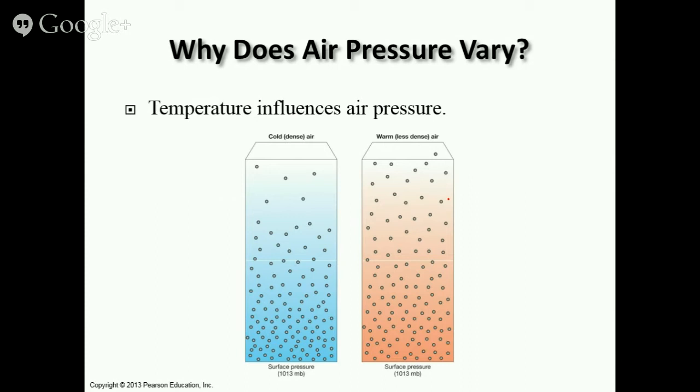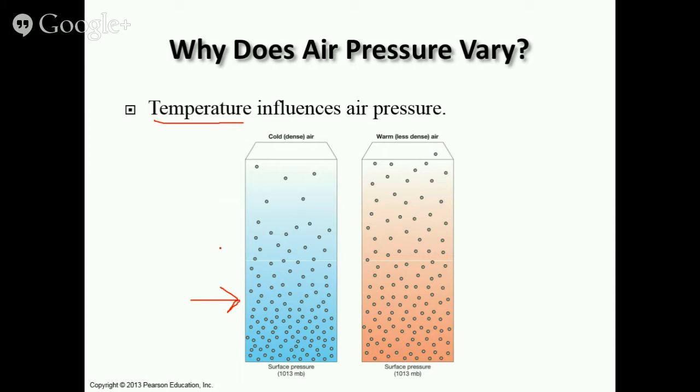Here's a diagrammatic sequence that takes place in air whenever we change temperature. We do know that temperature is a major influence factor of air pressure. When we have cold, more dense air, notice the distribution of molecules of cold air. They are closer together because there is less kinetic energy. Therefore, we are packing them in a tighter configuration, causing air pressure to be higher or lower?